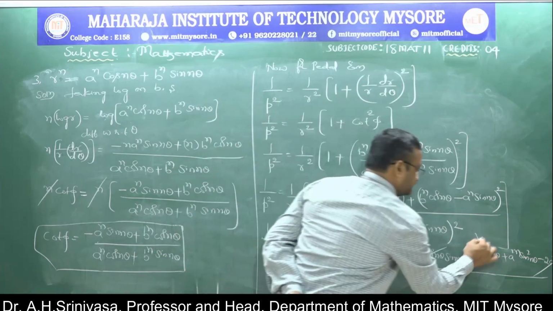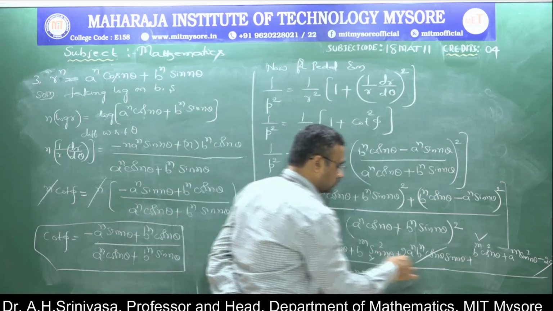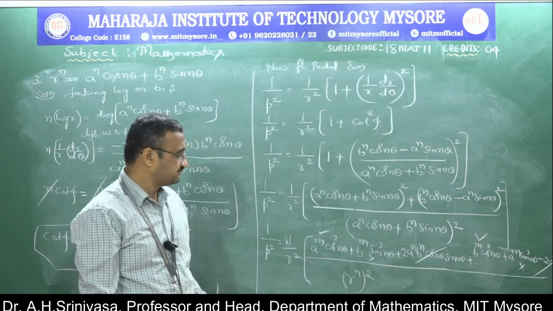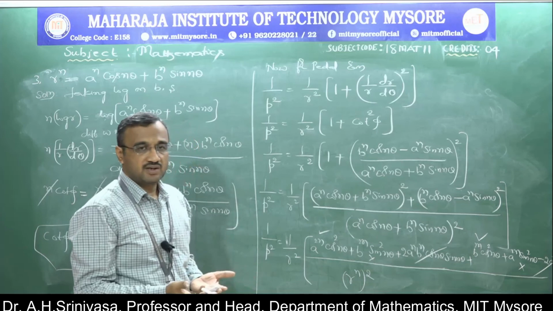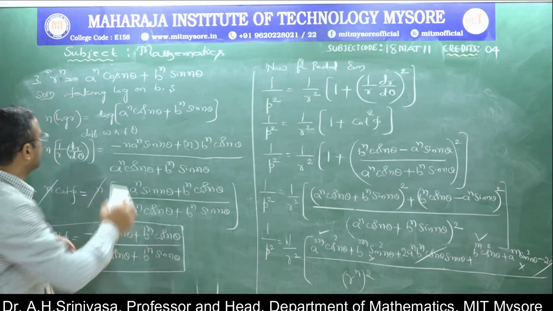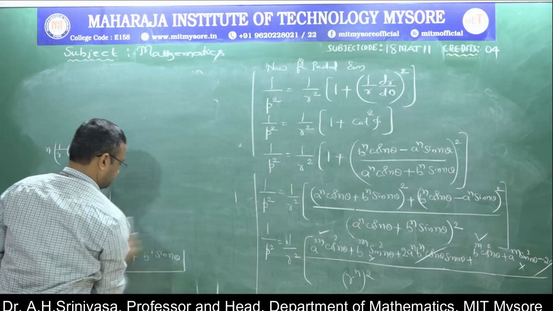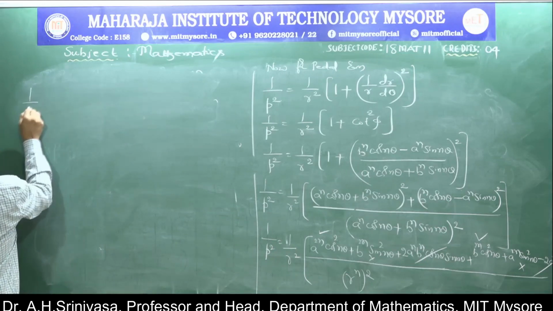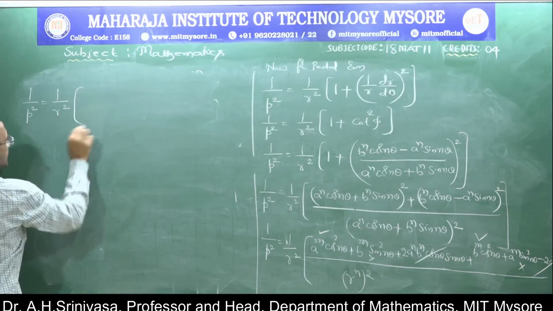From these terms, take a common factor of cos square n theta. The other two, you take a common factor of sin square n theta. Just take a common factor of a power 2n and b power 2n from the respective terms. We get like this: 1 by p square equal to 1 by r square.